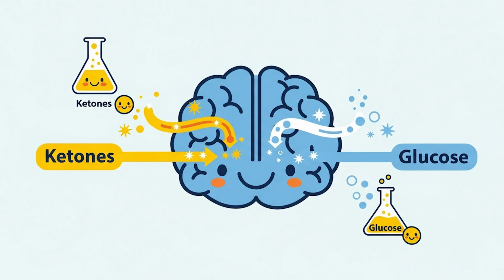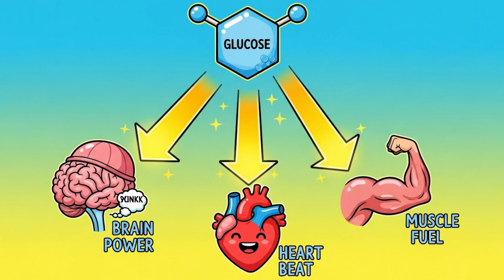If glucose is depleted, our body will start to switch to ketosis, which just means it's producing ketones to use as an energy source. But you really don't want to rely on that too long because it does have negative side effects.